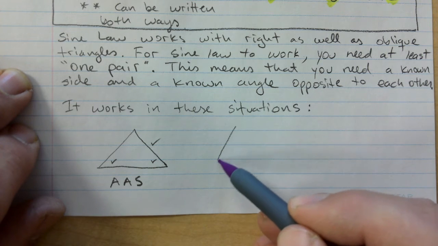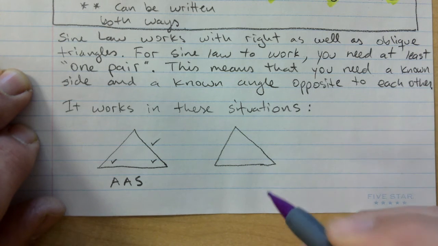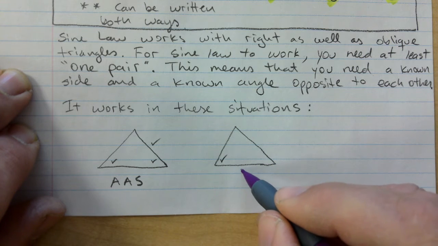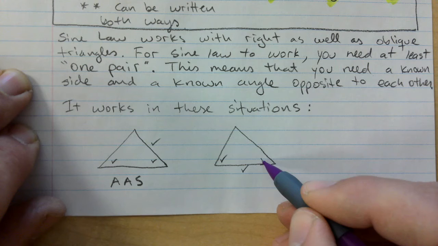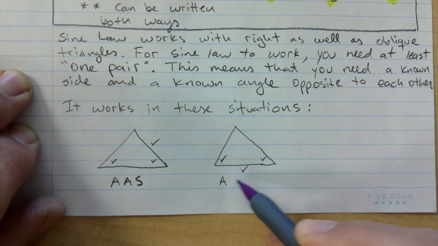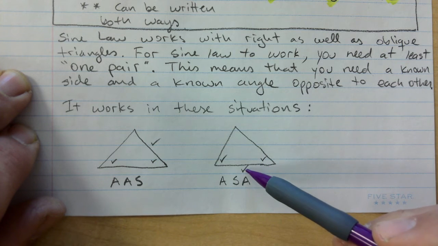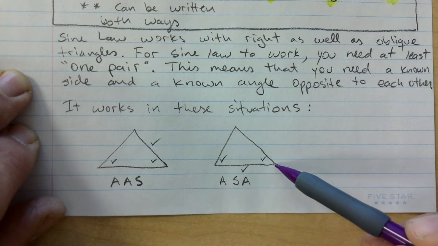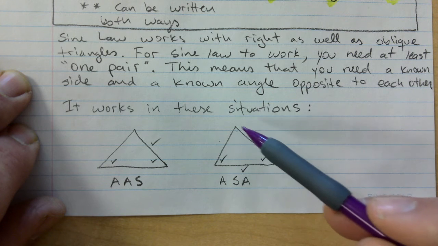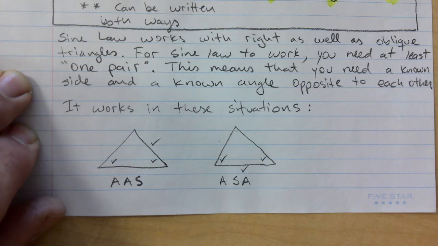Another situation that might come in handy is when you know this angle, this side, and that angle. That would be called an angle, side, angle situation. So you have the side connecting the two angles. Keep in mind, it could have been here, right? Angle, side, angle. It doesn't matter where on the triangle. If you see that pattern, it would work.